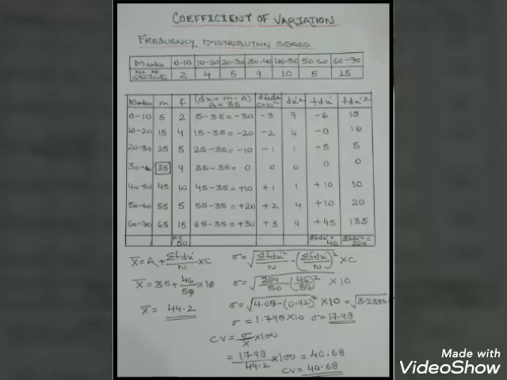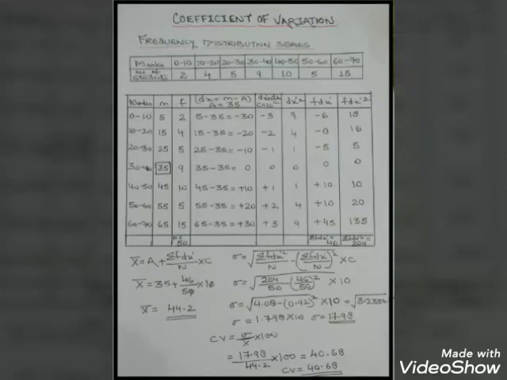Now we are going to first find out the standard deviation. To find out the standard deviation, you will put the formula of step deviation: standard deviation equals square root of sigma f dx square upon n minus, in bracket, sigma f dx upon n, bracket close squared, into c.